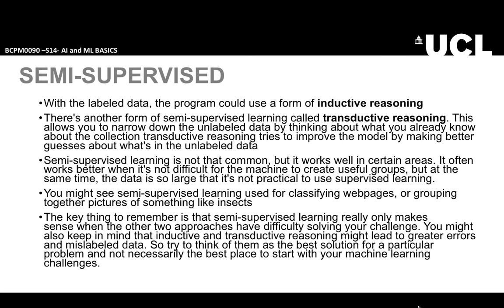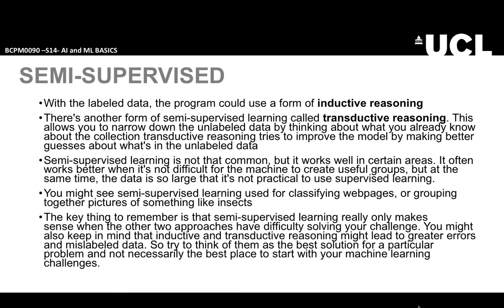Semi-supervised learning is not so common, but it works well in certain areas, particularly in areas where it's not so difficult for the machine to create useful groups, but at the same time the data is so large that it's not practical to use supervised learning.